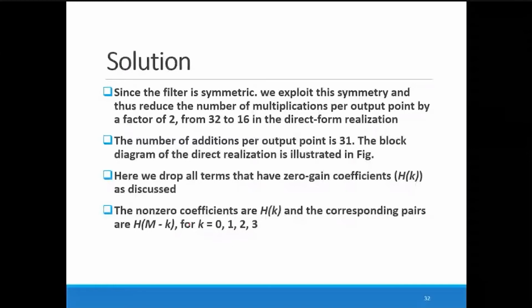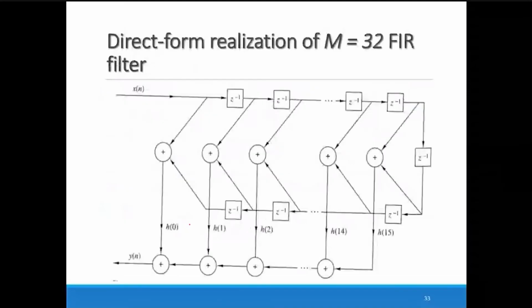The number of additions per output point in our direct form structure is M minus 1. The block diagram for the direct form realization is illustrated in the figure. So this is the direct form realization for the M equal to 32 FIR filter. This is the structure we are using to show the symmetrical filter.